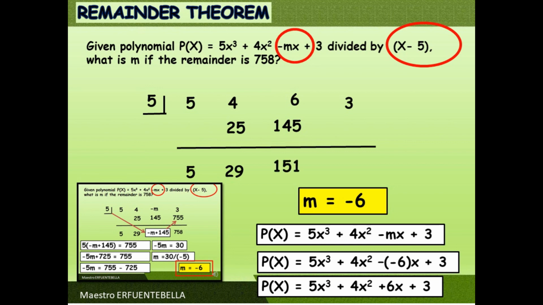And 6 plus 145 is 151. 5 times 151 is 755. And 755 plus 3 is equal to 758. Okay, so it is checked that the remainder is 758 if the given polynomial is divided by x minus 5 and the value of m is negative 6. So that's how to check your solution, if it is correct or not.